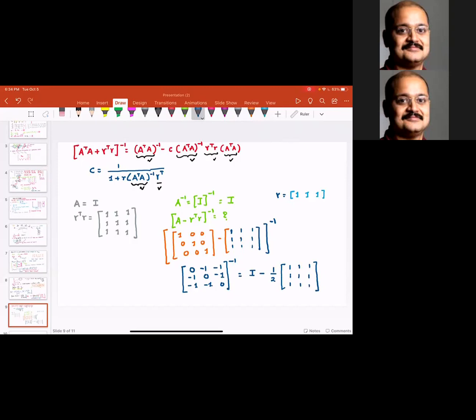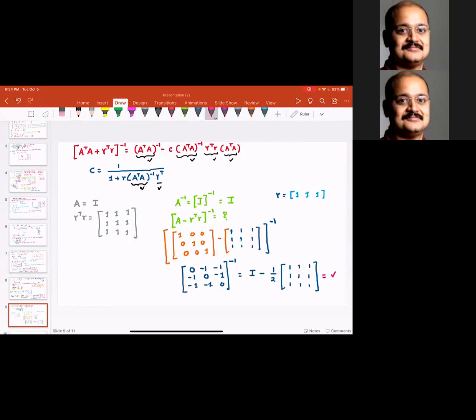By partitioning the matrix in the form A minus R transpose R and finding the value of C, I can directly find the inverse of the matrix, and that can be found quickly.